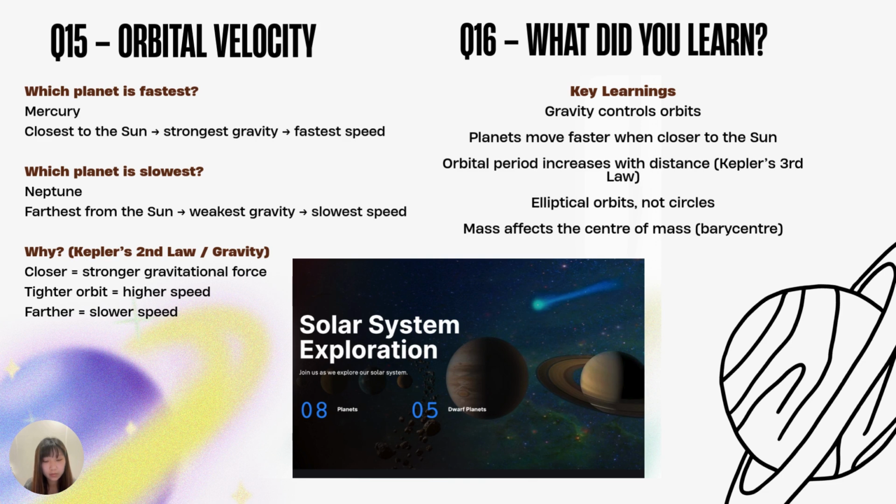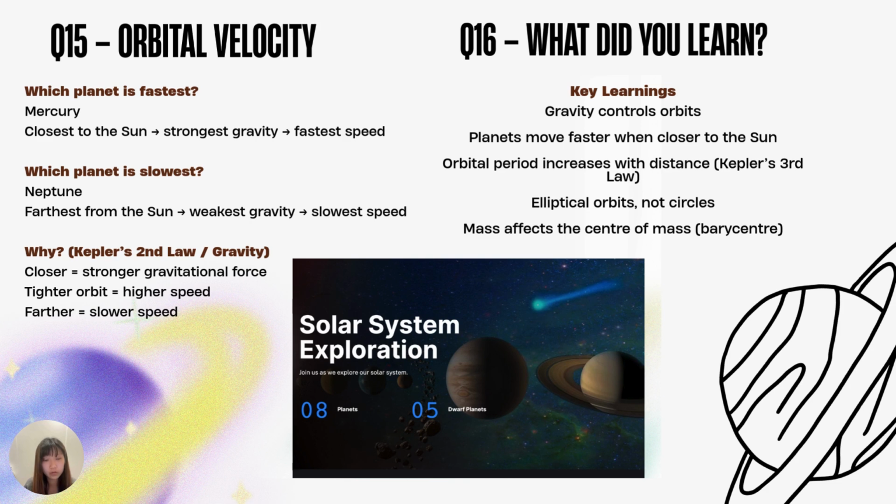The slowest planet is Neptune, which is the farthest from the Sun. So the reason is simple. The gravitational force decreases with the distance.